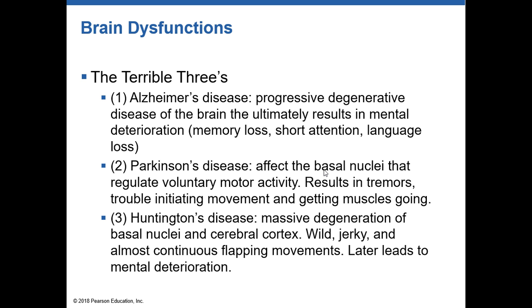With Parkinson's disease, they have trouble initiating movement or getting muscles going, and so they can have tremors. But with Huntington's disease, they don't have trouble getting their muscles to move. They actually have trouble getting their muscles to stop. And so they often have wild, jerky movements, and these are all forms of mental deterioration.